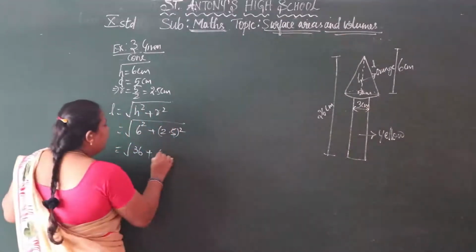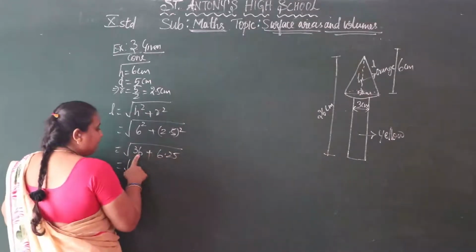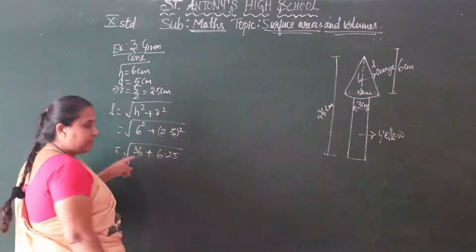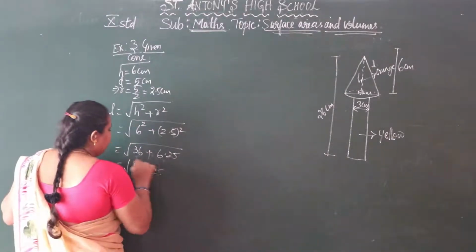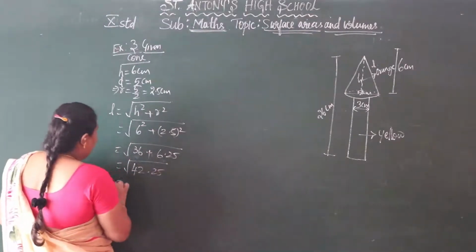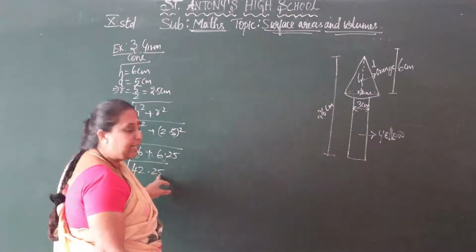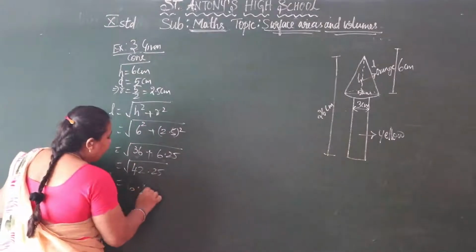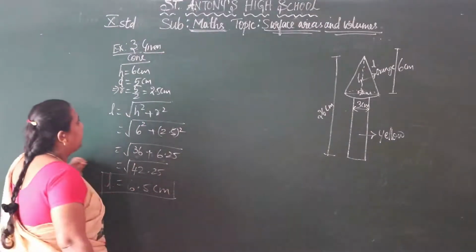So that is equal to root of 36 plus 6.25, that is 42.25. We have to find the root, that is equal to 6.5 centimeter. L is equal to 6.5 centimeter.